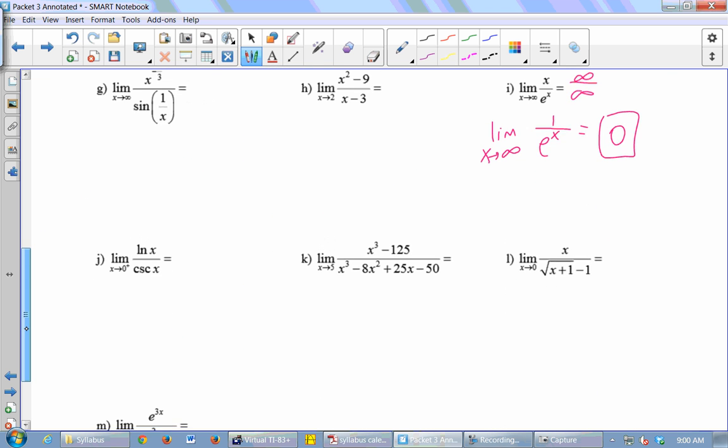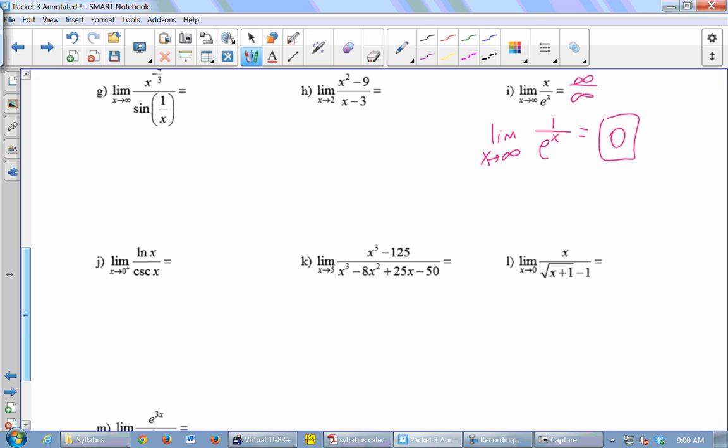All right, and J. Limit as x goes to 0 from the right of ln x over cosecant x. All right, what's the ln of 0? Doesn't exist, right?